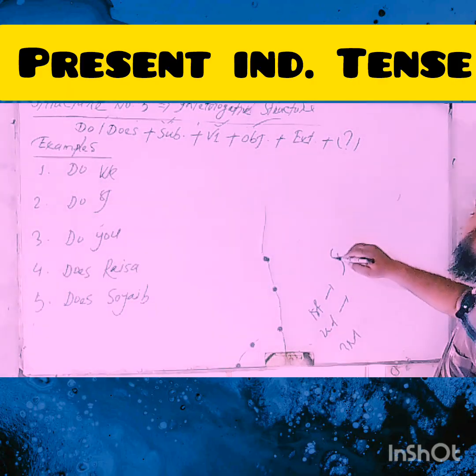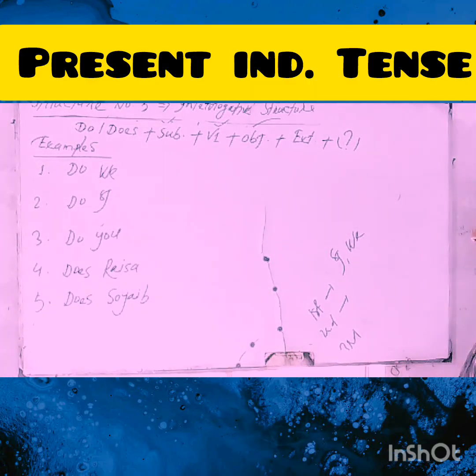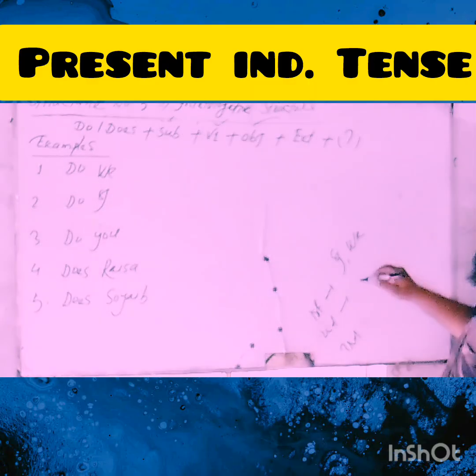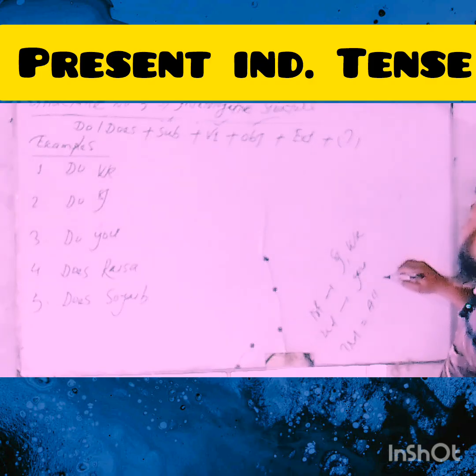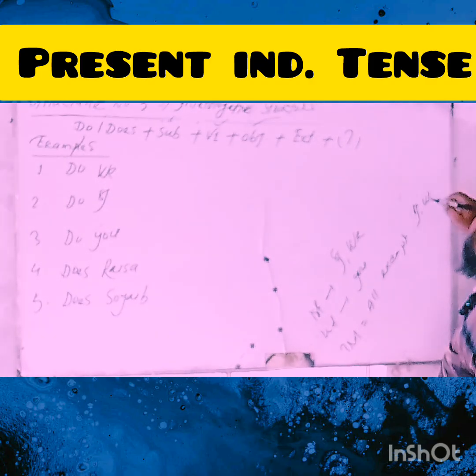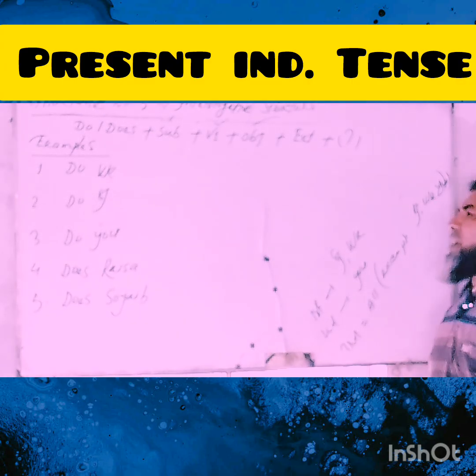First, the subjects I and we are called first person, and the subject you is called second person. Except I, we and you, all categories of subjects are third person.